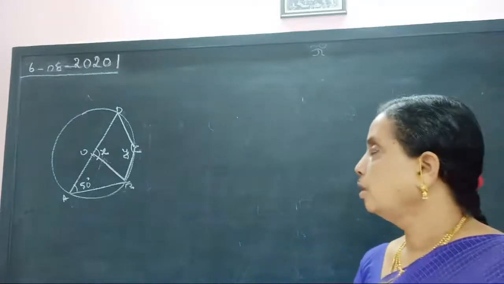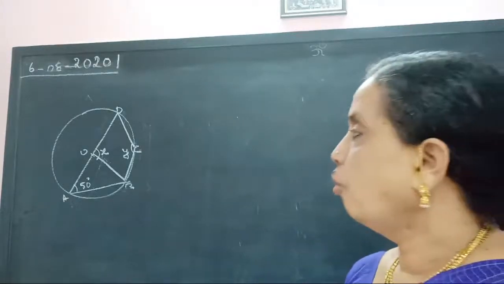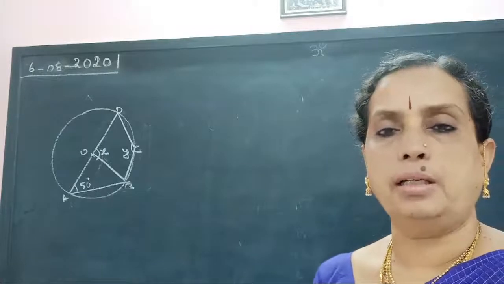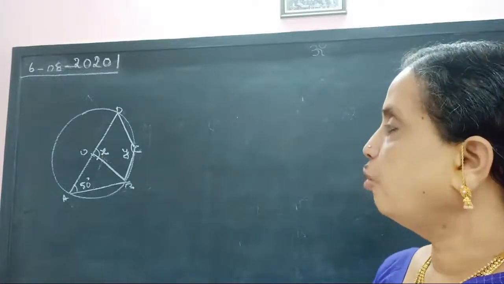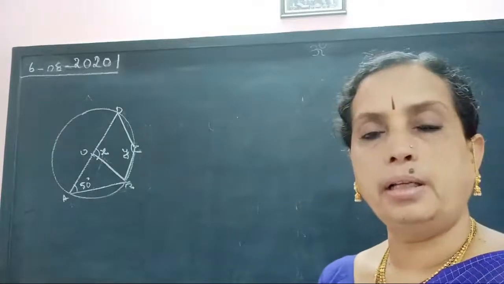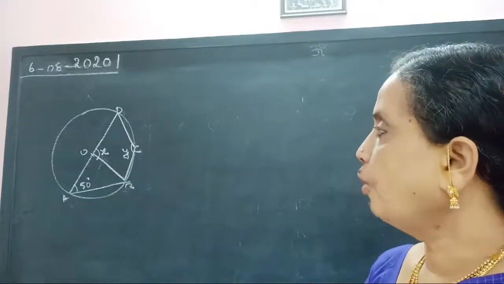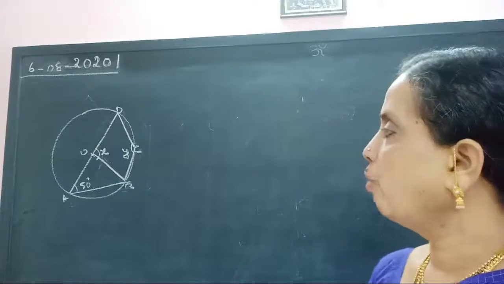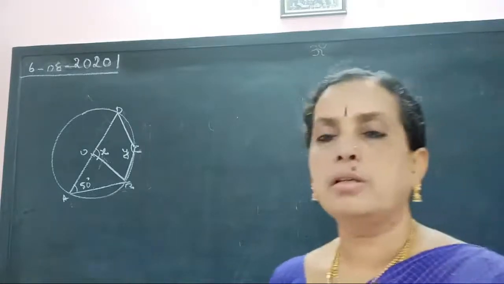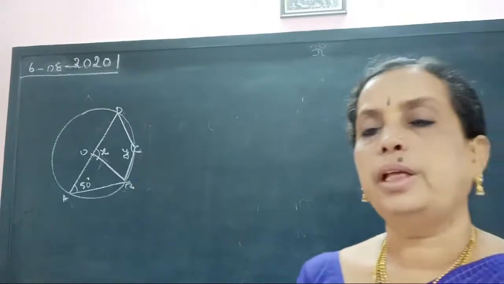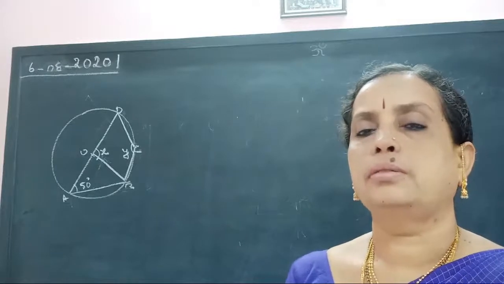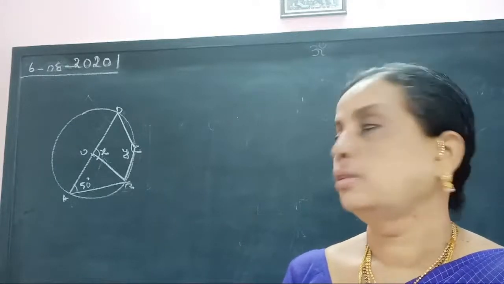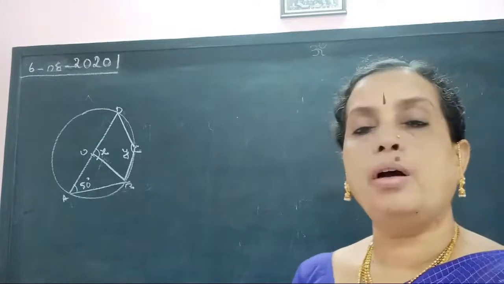So now, since O is the center of the circle, AOD is a diameter. What are OA and OB? Danya, now give the answer.